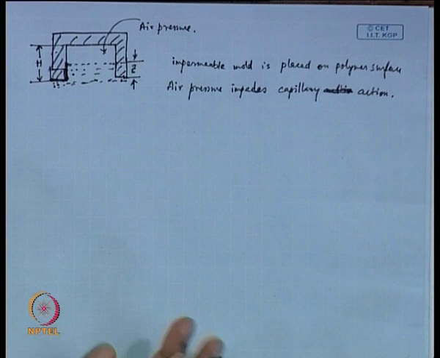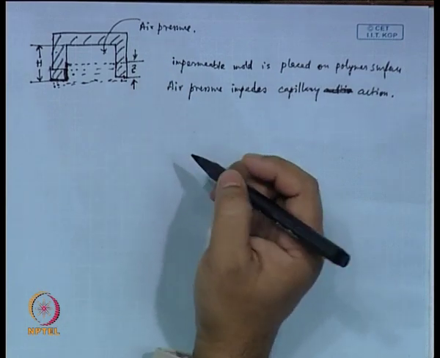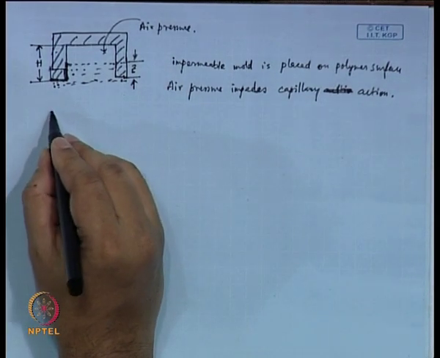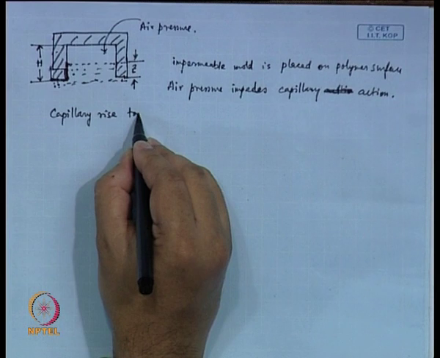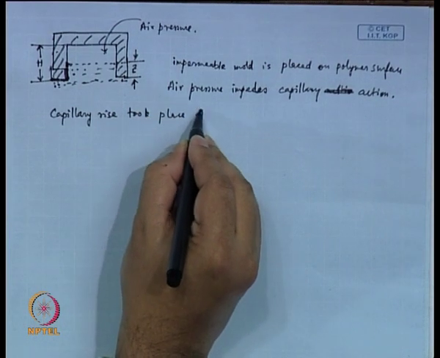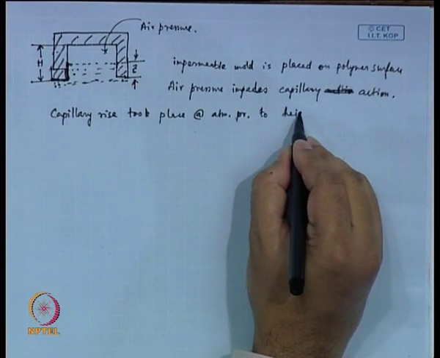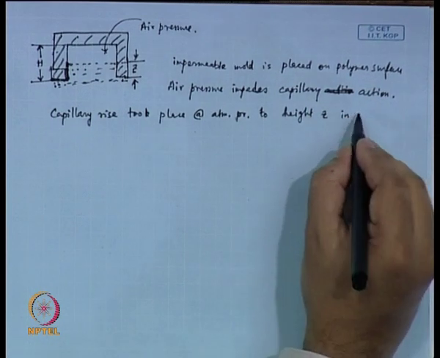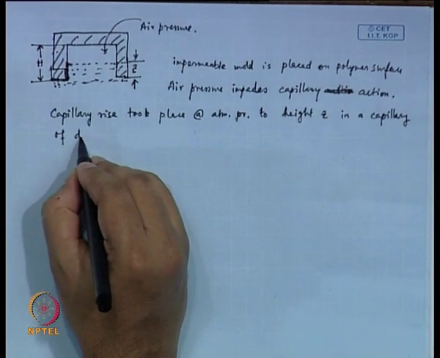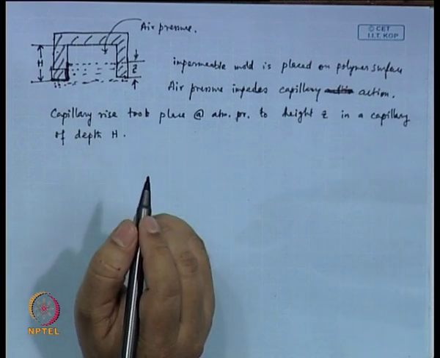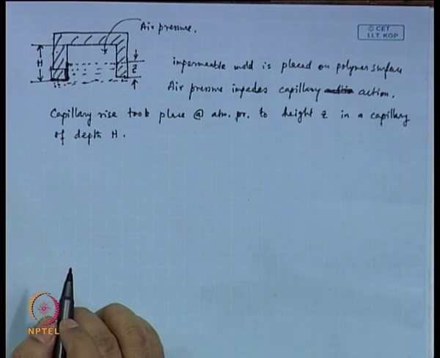So, capillary rise has taken place at atmospheric pressure to a height z in a capillary of depth h.